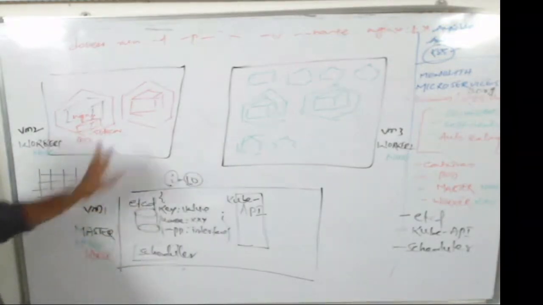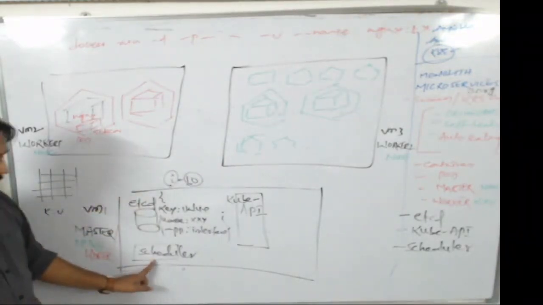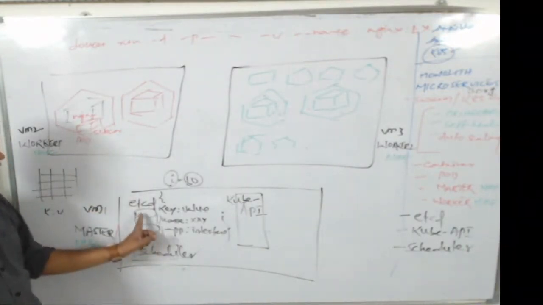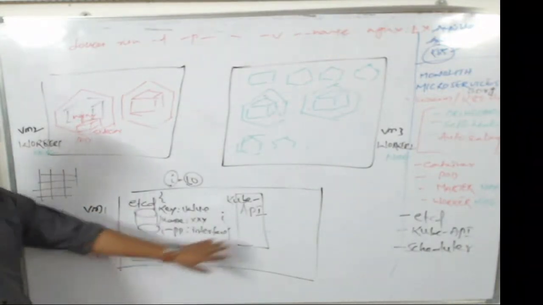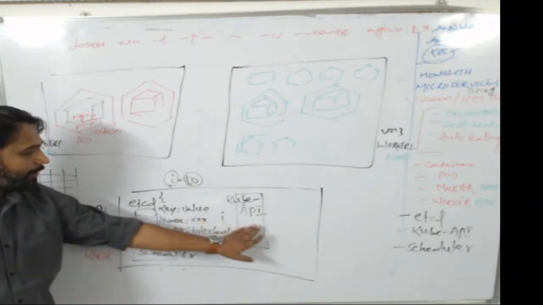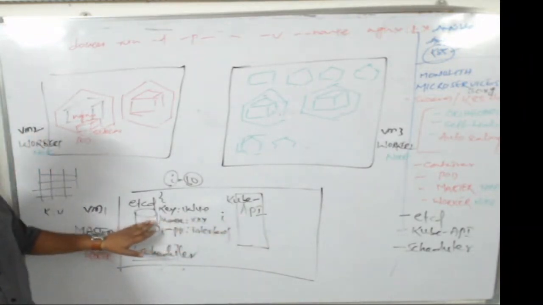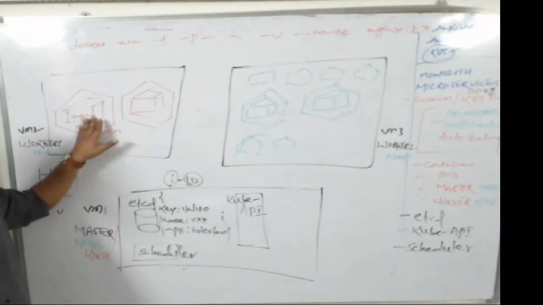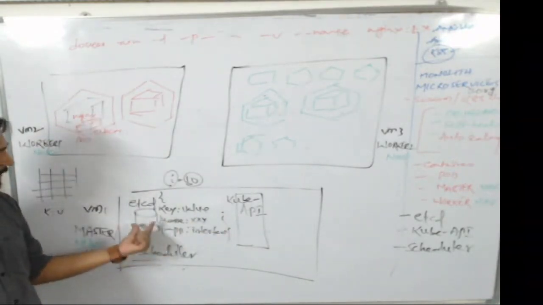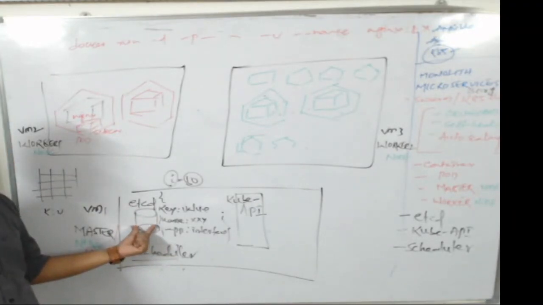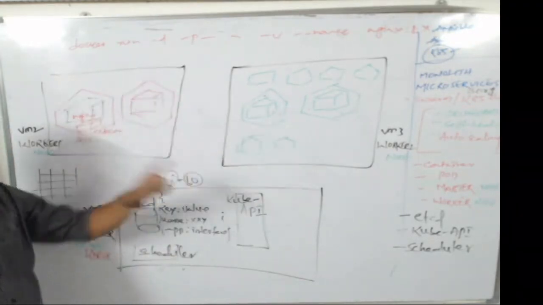Now, to do the scheduling, it has to know what you are asking it to do. Let's say you told through the API that you want 10 interface related pods. Now the scheduler will realize that you want 10, then it goes ahead and checks all the nodes.